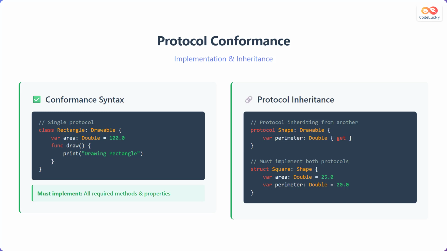When a type conforms to a protocol that inherits from another protocol, it must implement all requirements from both protocols. This inheritance mechanism allows you to build complex, layered contracts that types can fulfill. Protocol conformance is checked at compile time, making your code safer and more predictable than runtime-based systems.